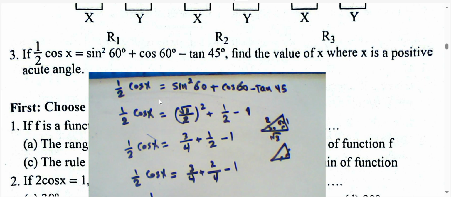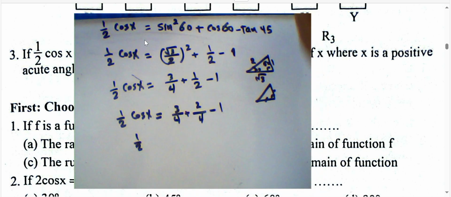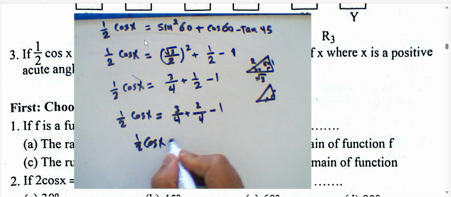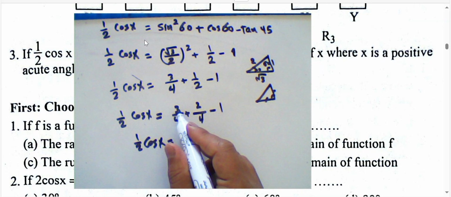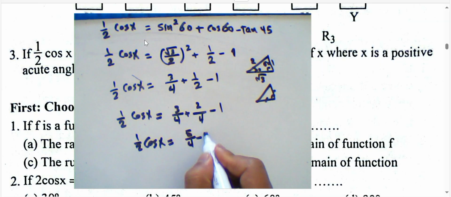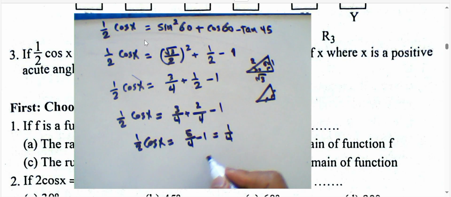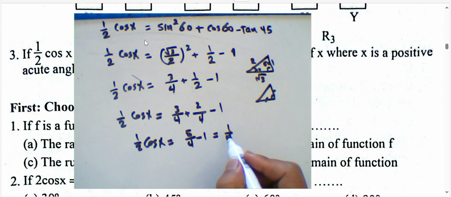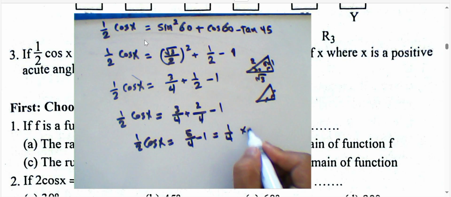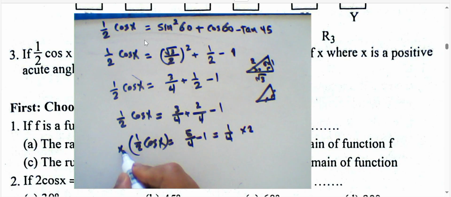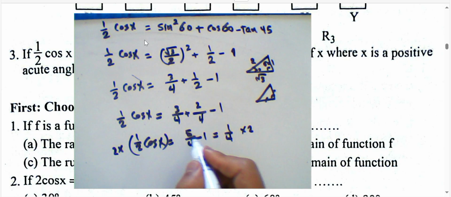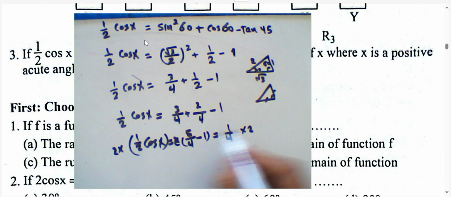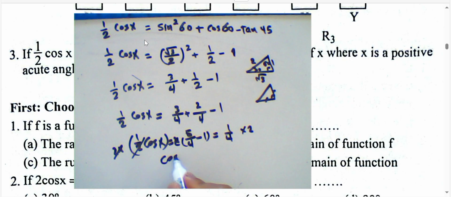Then half cosine X equal 3 plus 2, 5 over 4, subtract by 1, it will be 4. And then we can divide it by half or multiply by 2 to cancel half here, okay, times by 2. We can cancel, then the value here cosine X will be equal 2 times 4, it will be half.